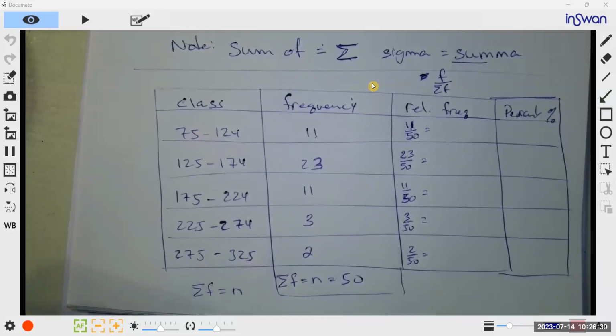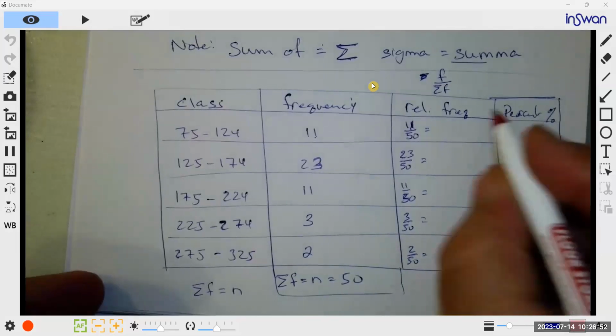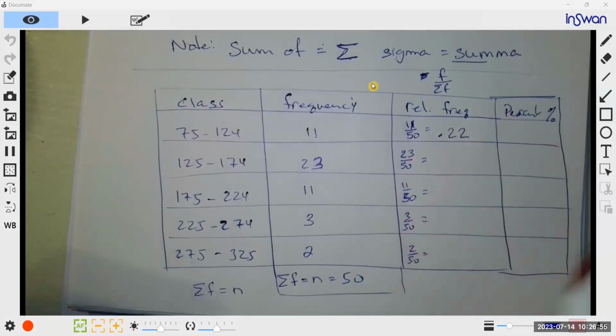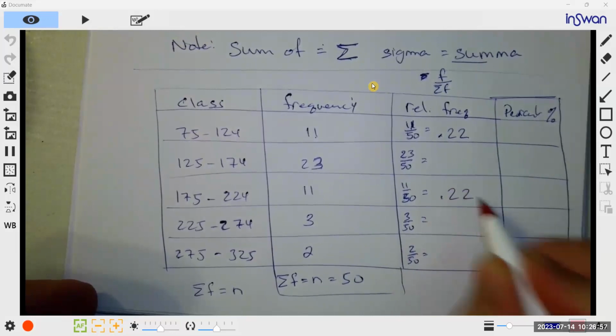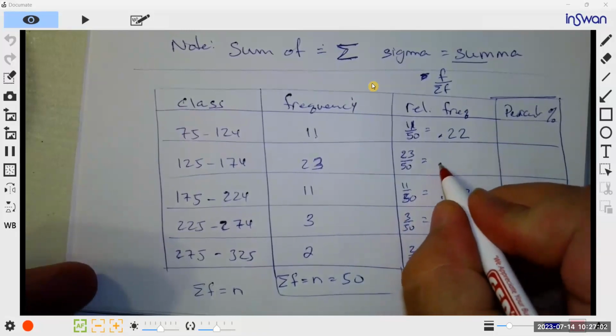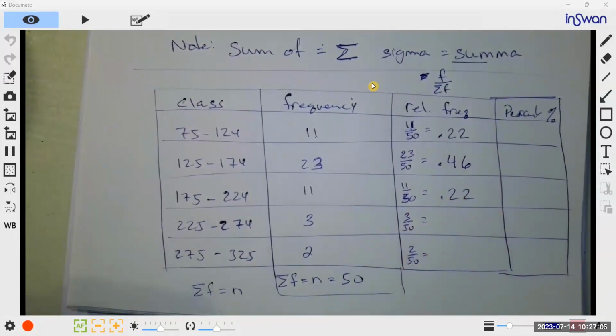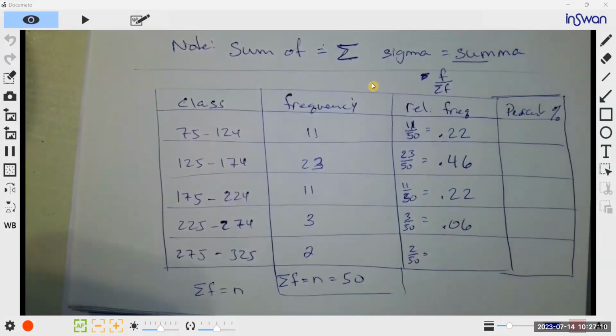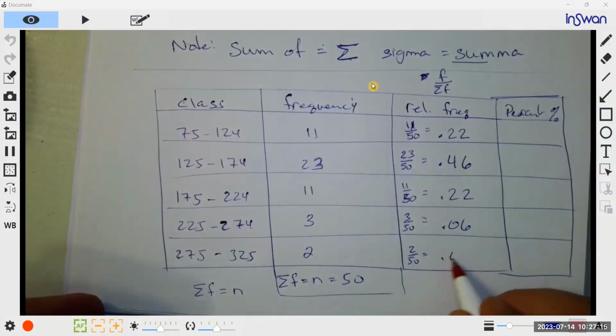Okay, let me calculate those. Where's my calculator? So 11 divided by 50 is 0.22. So that one's 0.22 as well. 23 divided by 50 is 0.46. 3 divided by 50 is 0.06, and 2 divided by 50 is 0.04.